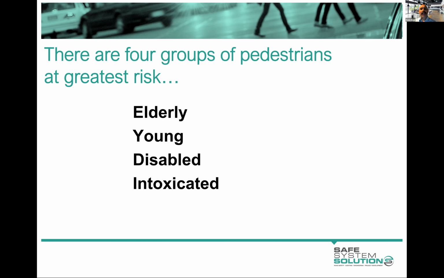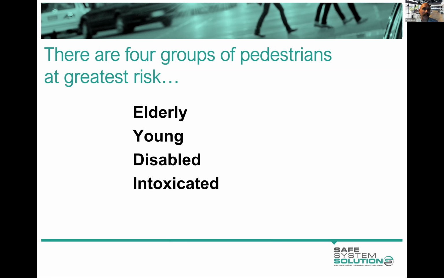Disabled, the pure number of crash levels are quite low, but for a risk per person per vehicle kilometres travelled or per person kilometre travelled are quite high, and that's due to challenges of being able to identify safe crossing points, often being trapped and or being forced to cross in unsafe places or travel along the road because they can't get to another area.